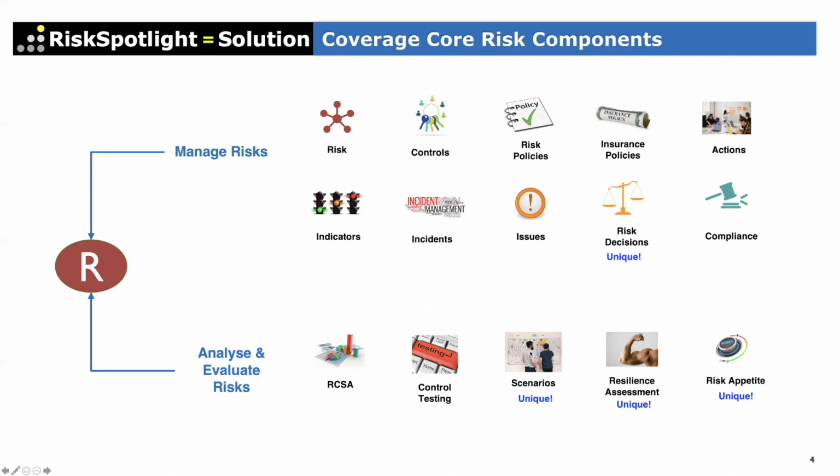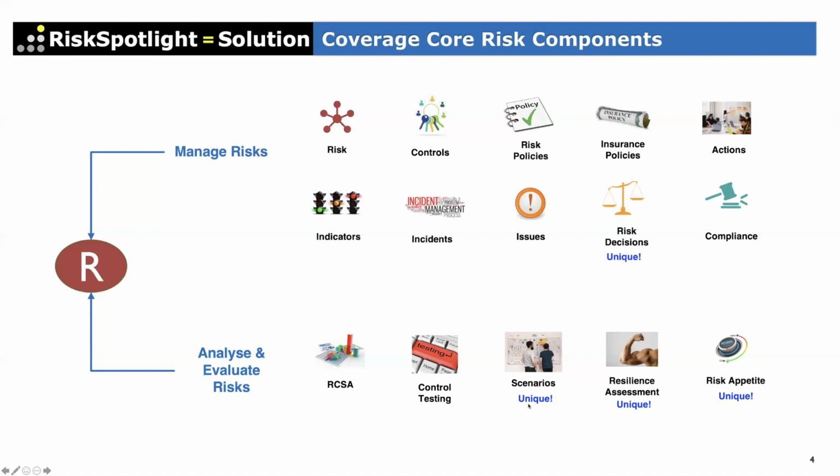Okay. So those are the 4 areas where I have highlighted where we are unique, and we provide that as part of the solution, and all the other topics like RCSA, control testing, so all the standard functionality you expect from any tool, we've got all that functionality also covered.